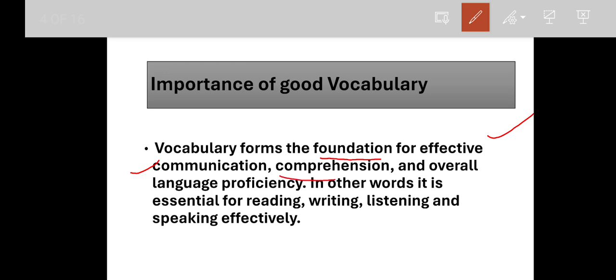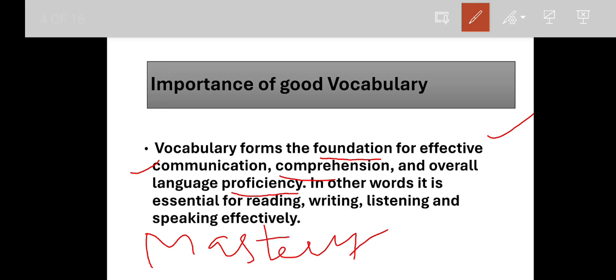Comprehension means understanding, and overall language proficiency. Proficiency means mastery over the language. In other words, it helps you in reading, writing, listening, and speaking effectively. This is very important. Effectively.